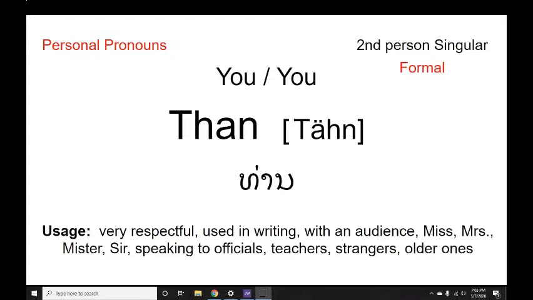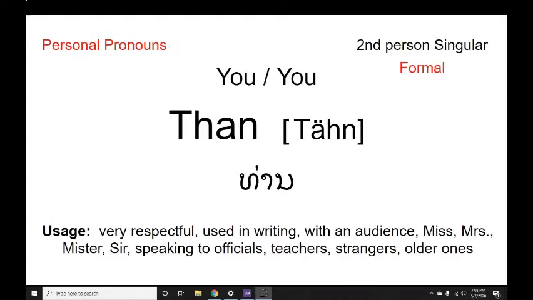It's also a way of saying sir or Mr. or Miss or Mrs. Okay, so sometimes in English when we're talking to a police officer or a judge, we will say, I saw what happened, sir. Excuse me, sir, right? Do you know what time it is, sir? Miss? Excuse me, miss, do you know what time it is?